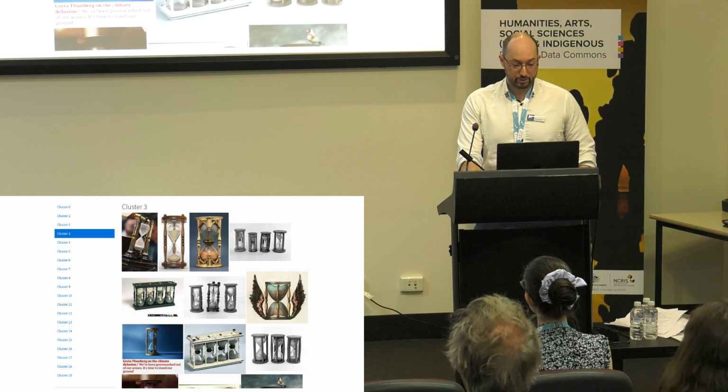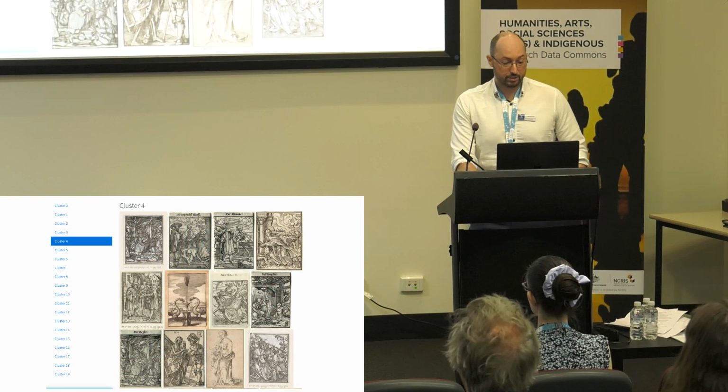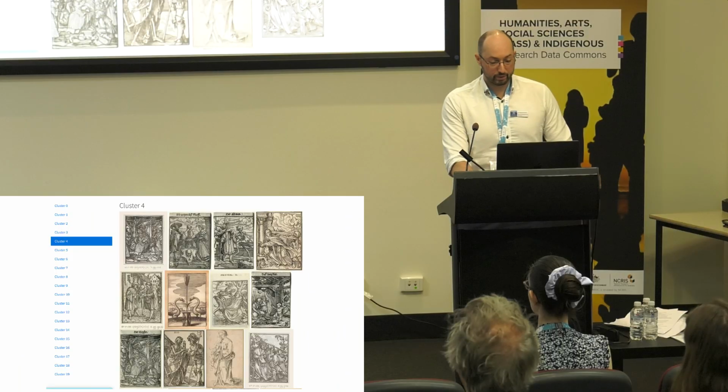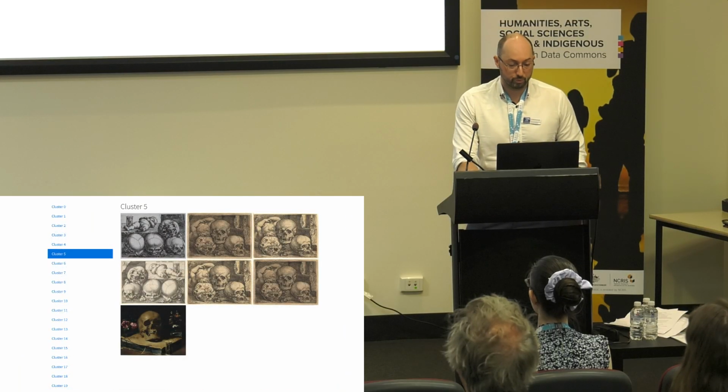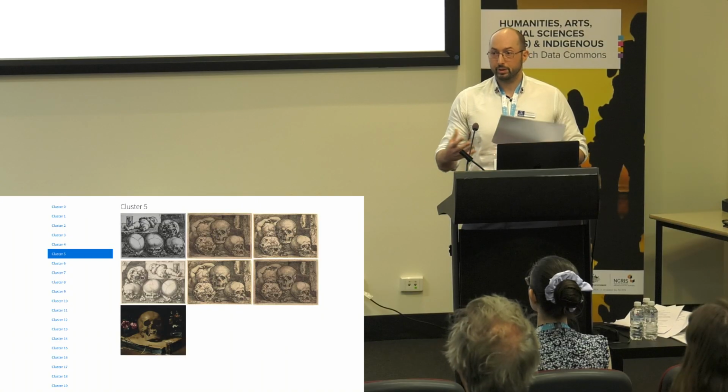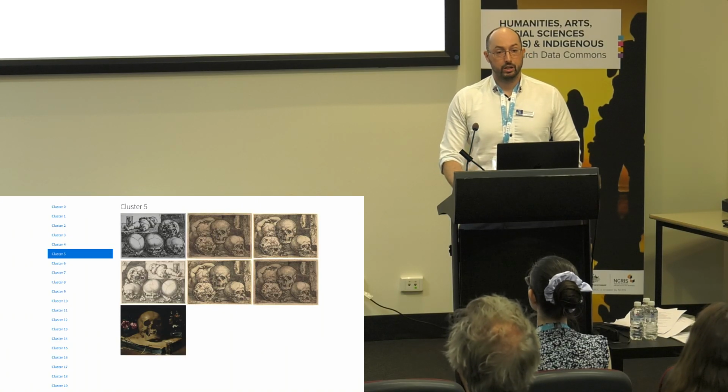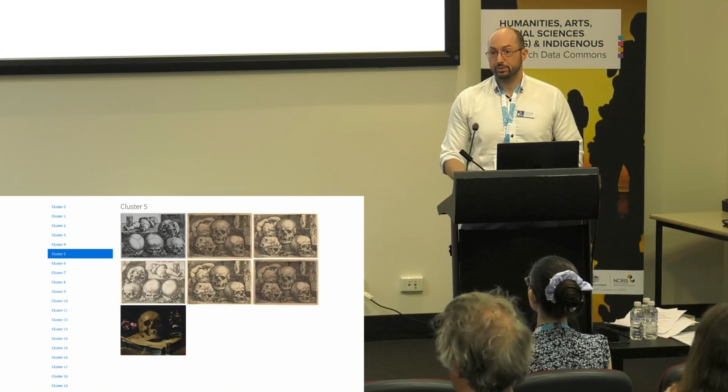Then one cluster was of hourglasses in real life. Here's a cluster of woodcuts with hourglasses, and here's a small cluster of hourglasses with skulls. And these can all be used by the researcher to be able to investigate how the hourglasses were used in different contexts.